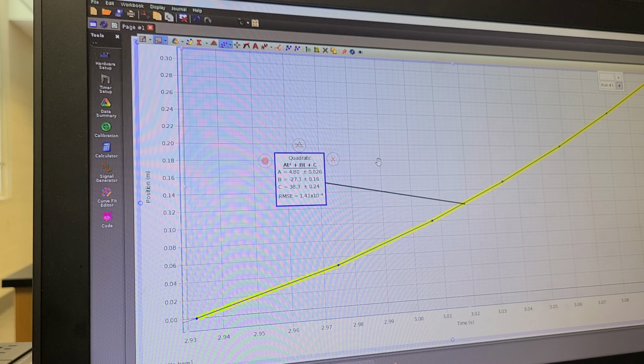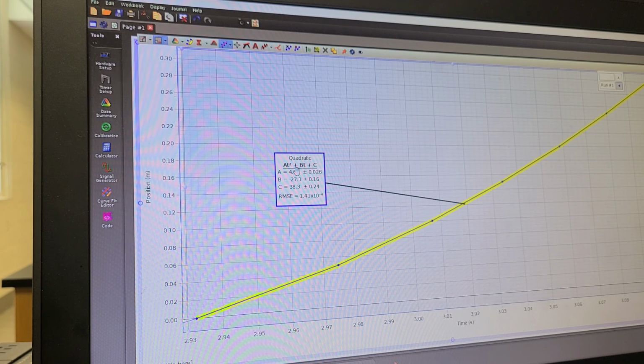So the tricky part is what do we do here, right? So we look at the fit. I'm getting 4.8 t squared, okay, plus more terms, so the question is how do we find the acceleration. The t squared term is the one we are looking for, which is 4.8.